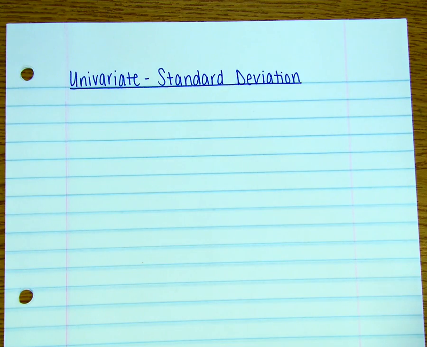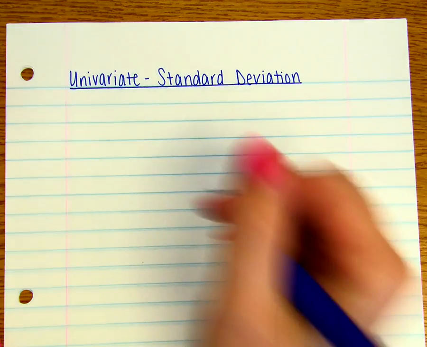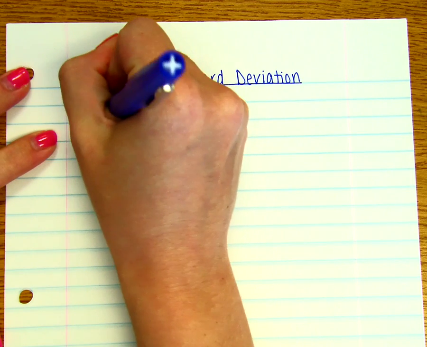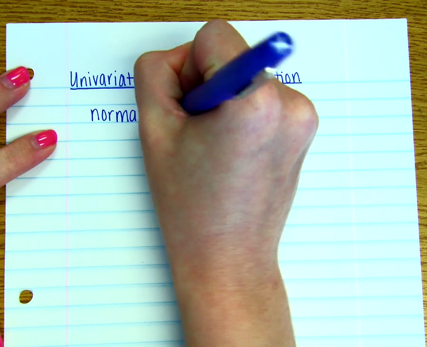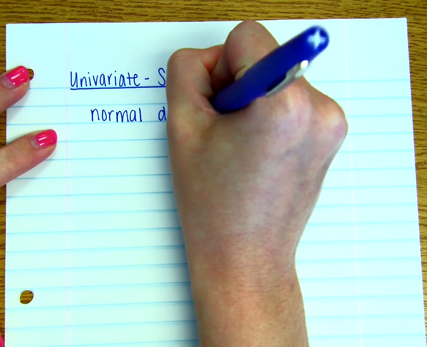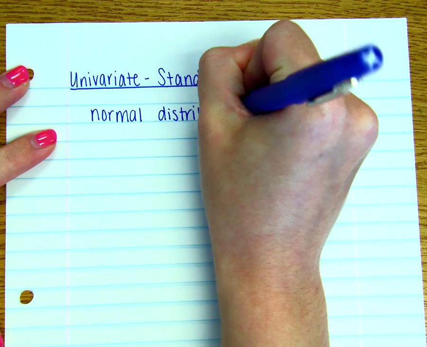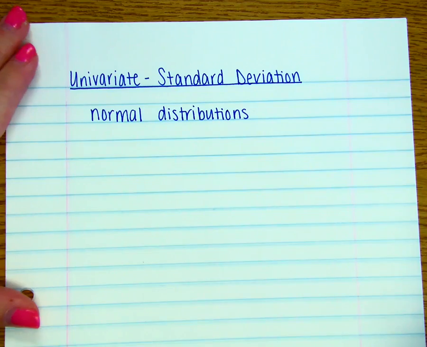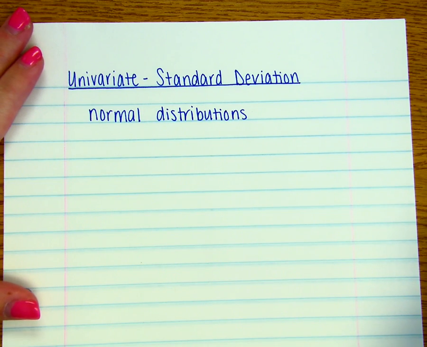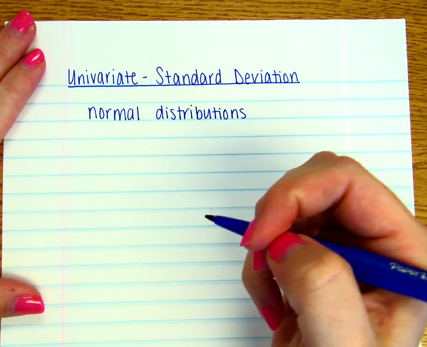Standard deviations are also known as normal distributions. With our normal distributions, it's going to look kind of like a curve.